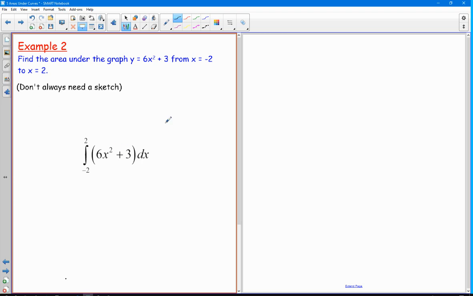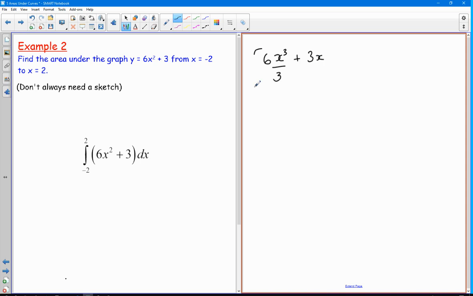So integrating this function, let's add 1 to the power in the first term, divide by the new power, put 6 back. On the second term, integrating a constant gives us just x, and put that inside our square brackets. And let's put our limits of integration in there.